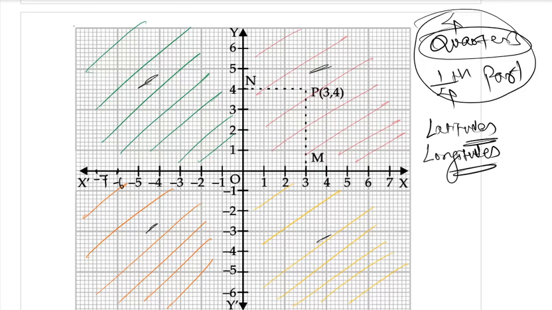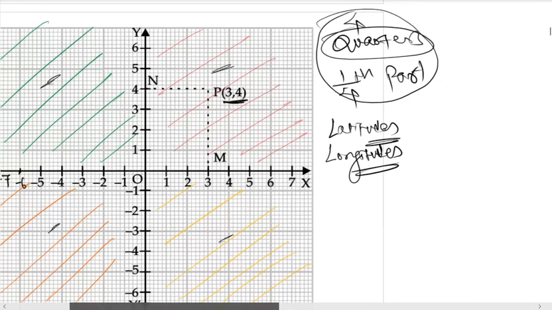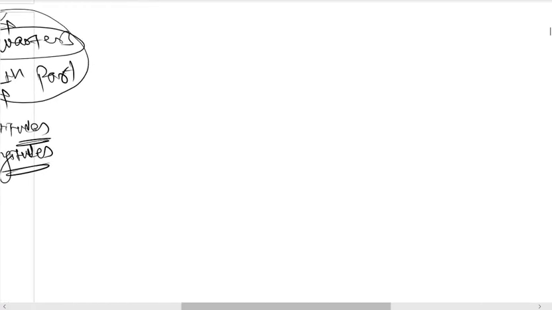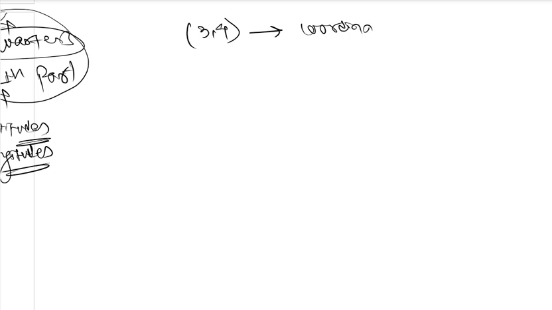Now as you see 3 comma 4, what is 3 comma 4? 3 comma 4 is an ordered pair, right? So this has a special meaning. Let me explain you the meaning and then we'll come to the graph. Suppose if I write 3 comma 4, I will call it coordinates of a point.